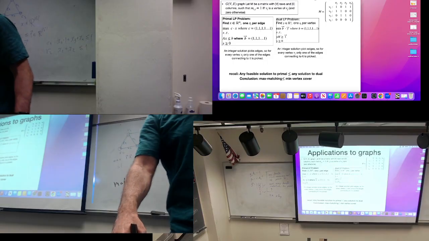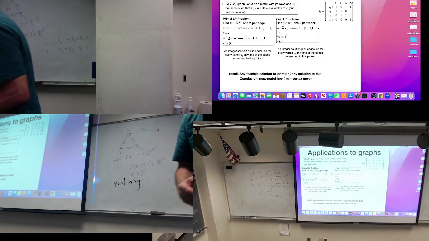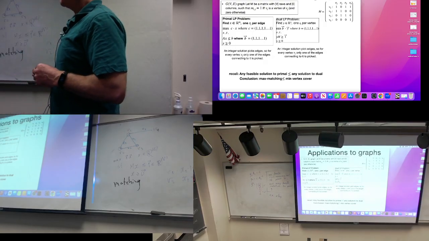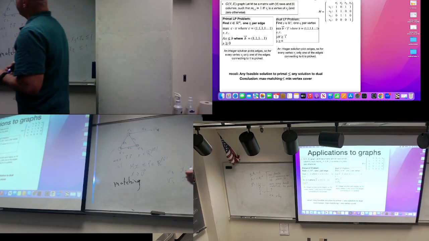And now I have one variable per vertex, not one variable per edge in the dual. And I'm trying to minimize something, but what is my constraint?